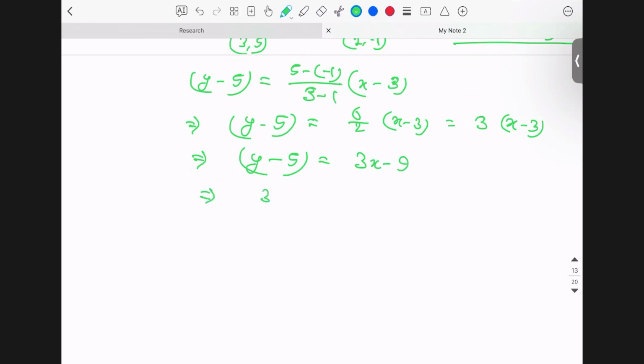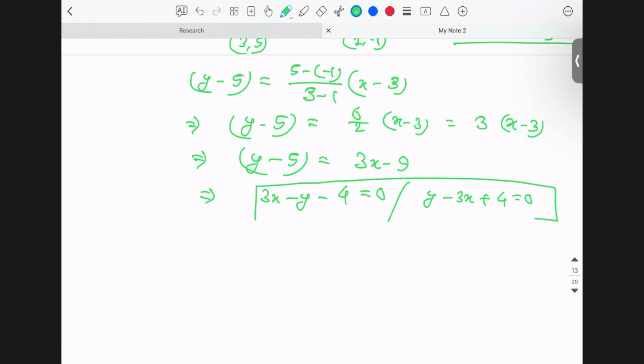So we will get 2x minus y minus 1 equals 0. Or one can rewrite it as y minus 2x plus 1 equals 0. Both equations are the same, and you can write it in your own pattern, in your own choice.